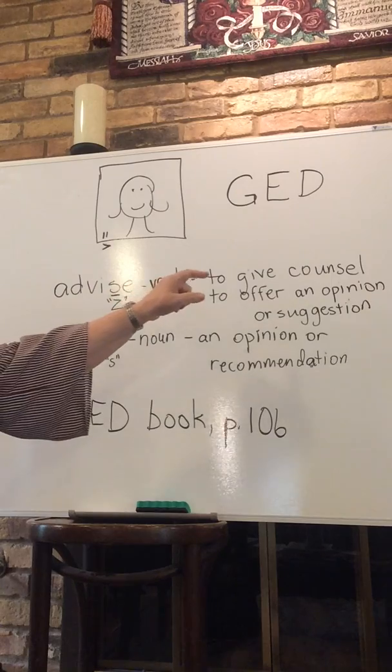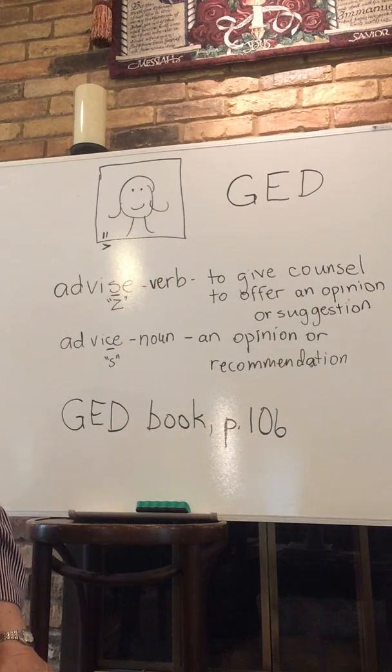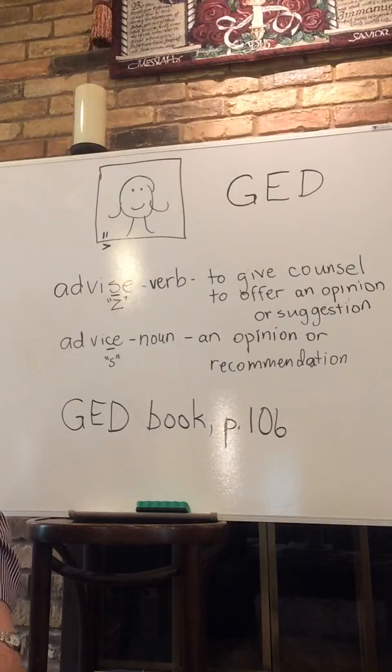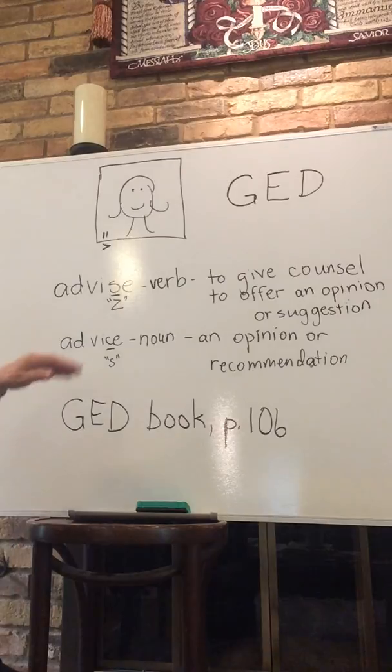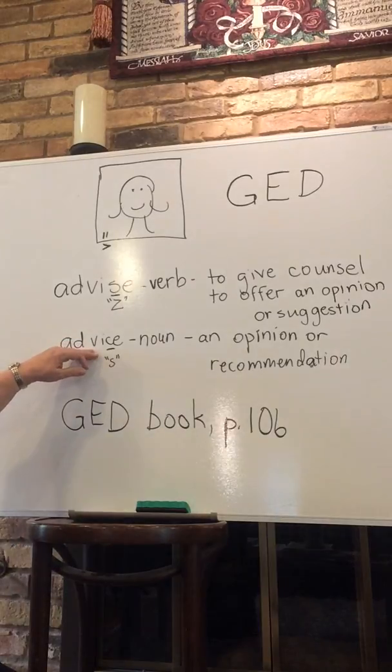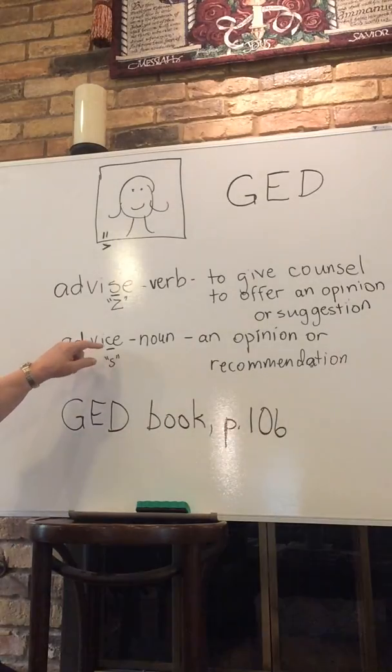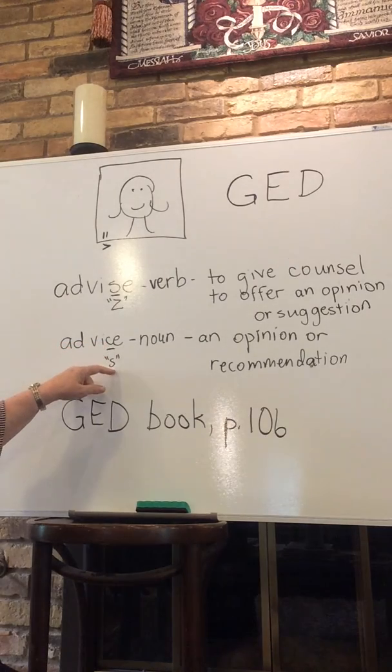It means to give counsel, to offer an opinion or suggestion. So you might come up to someone and say, I have a problem. Will you advise me what to do? Advise is an action word. It's a verb.